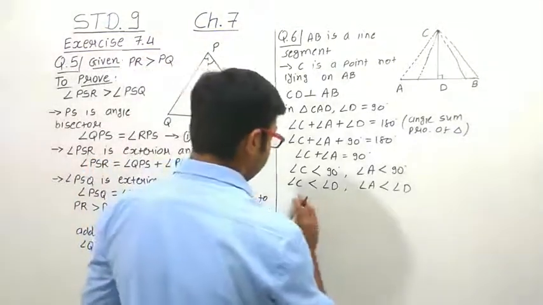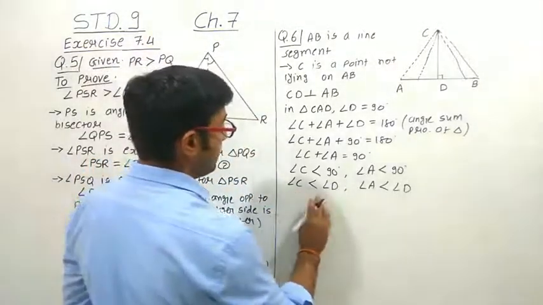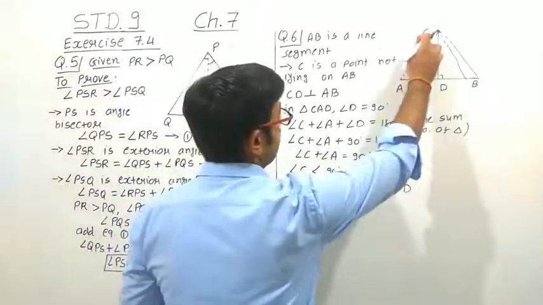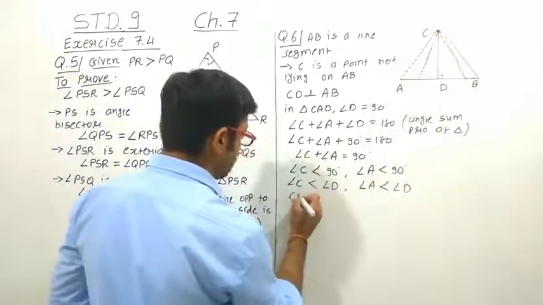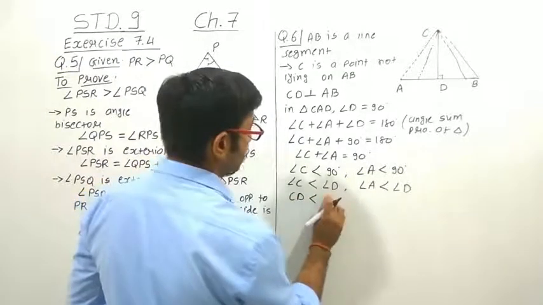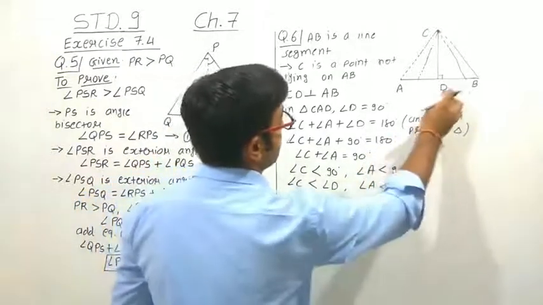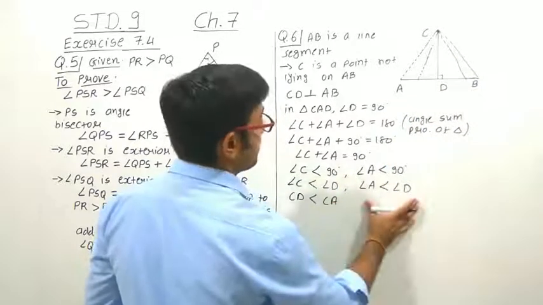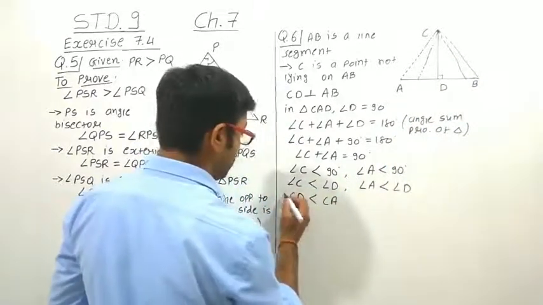So what does this mean? Angle C is less than angle D. That means the side opposite angle C, which is CD, is less than the side opposite angle D, which is CA. We just have to focus on this.